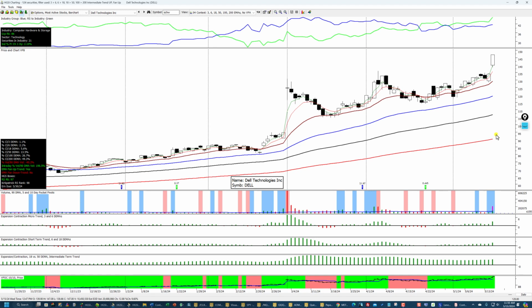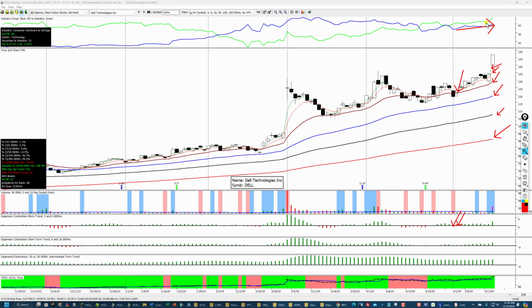And you can see that Dell, I'll bring that arrow back up, 200, 150, 18, 3, and the 6. There's a pullback here, and then it crossed over again to the upside right here after this 2-day pullback, and it was a buy signal then, in a very strong stock.